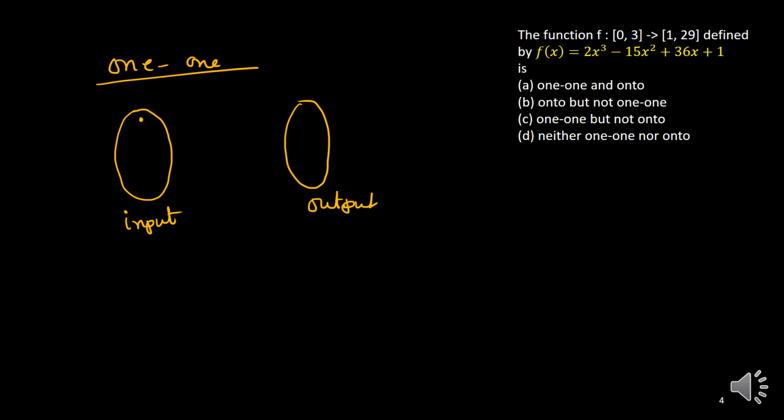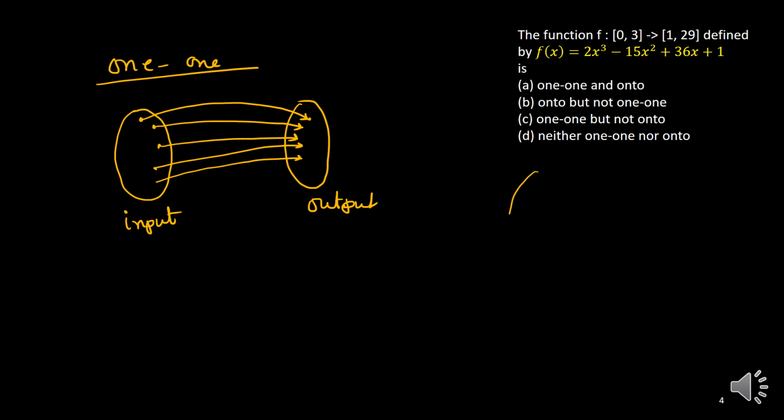Every input is mapped to only one output, one image, and different inputs will have different images. So all are different. But I won't find two inputs for the same image.